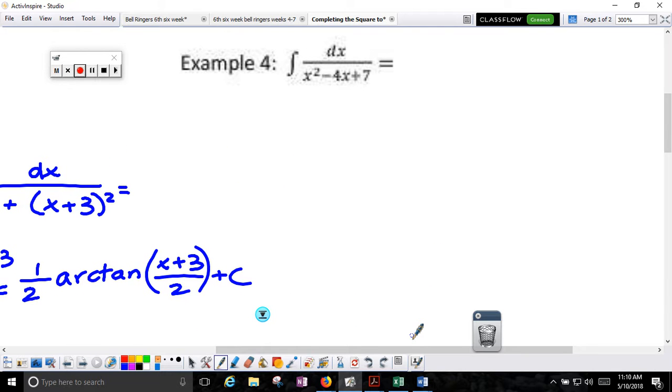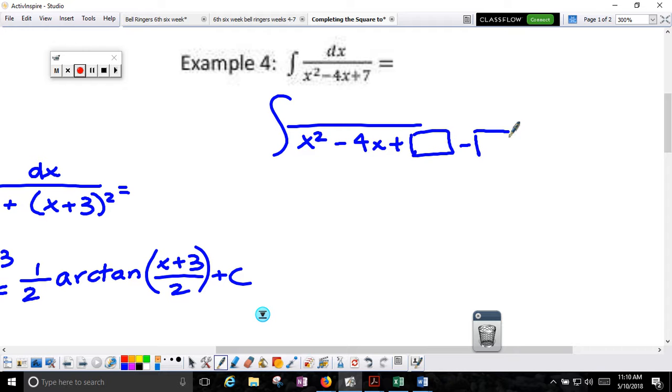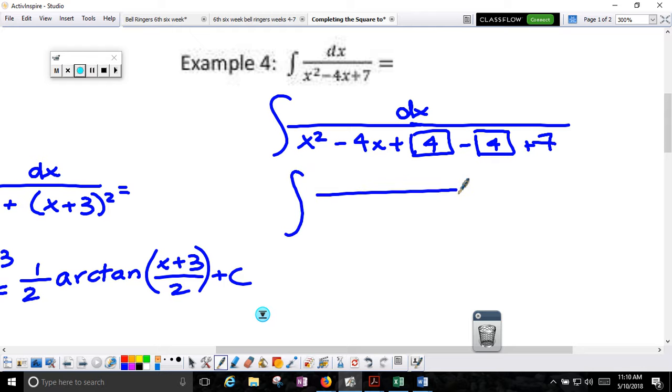Okay, let's try another one. So rewriting the denominator, the plus box, minus box, plus 7. Okay, half of the 4 is 2. 2 squared is 4. The number in the box is always positive, so I don't need to worry about the sign. Okay, so I'm going to rewrite the first 3 terms there as x plus 2 squared. Oops, sorry. X minus 2 squared.